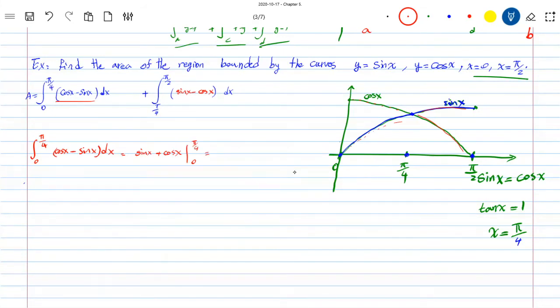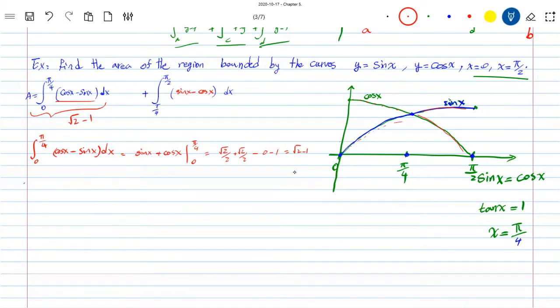If you replace pi over 4, you get root 2 over 2, root 2 over 2. If you replace 0, you'll get minus 0 minus 1, which is going to be root 2 minus 1. So this integral is square root of 2 minus 1.